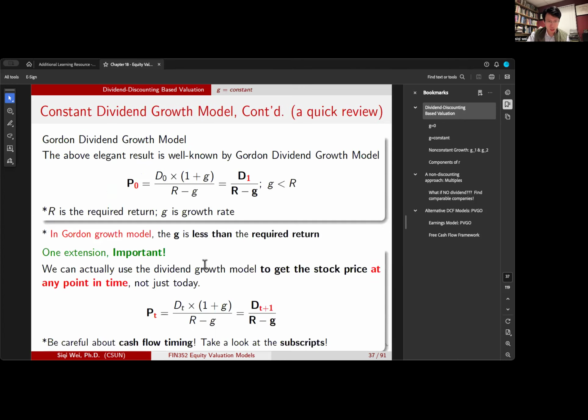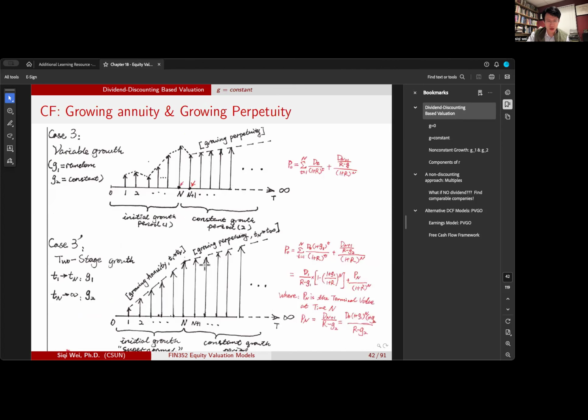The third cash flow pattern we talk about is a two-stage model where you have two stages. The first stage is a supernormal growth stage. A typical example is a small startup firm that is growing at a very fast speed because it plows back everything it generated internally for future growth.